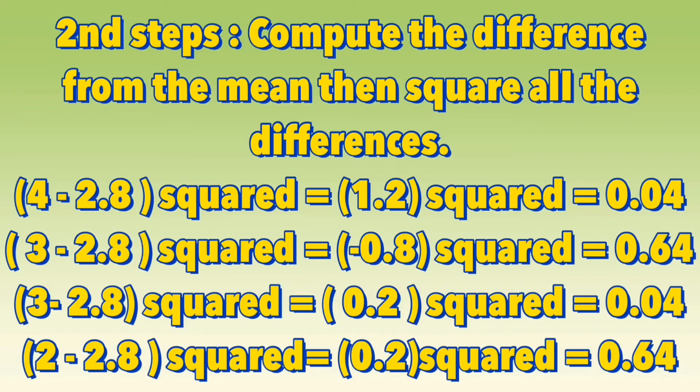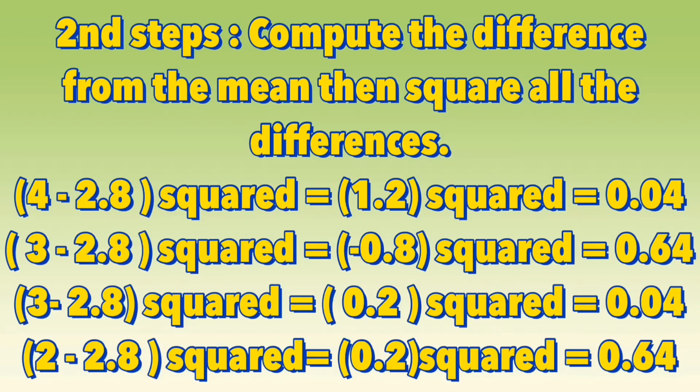The next is 3 minus 2.8, which is 0.2, squared equals 0.04. The next is 2 minus 2.8 equals negative 0.8, then the square becomes 0.64.